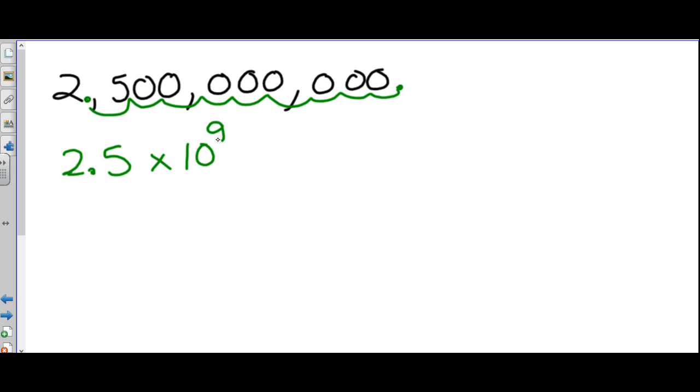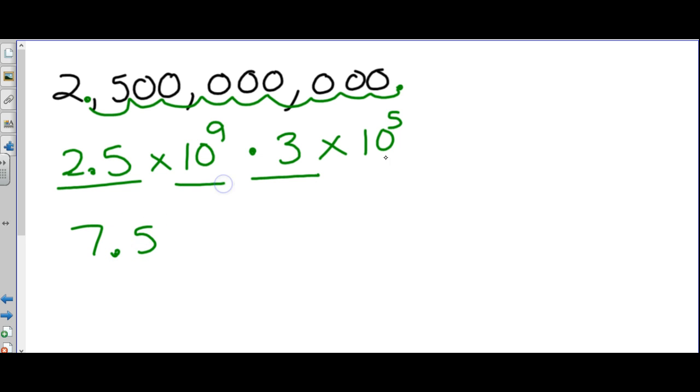So what we're going to want to do with our scientific notation is we want to be able to multiply two numbers together. So let's say we have 2.5 times 10 to the 9th times 3 times 10 to the 5th. So just like our multiplication we were doing before, we kind of group it together into things that we could actually work with. 2.5 times 3 will give us 7.5.